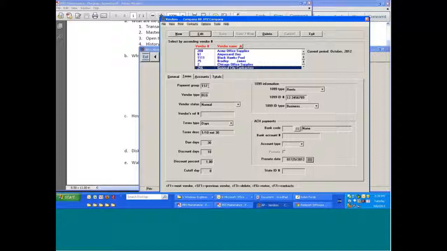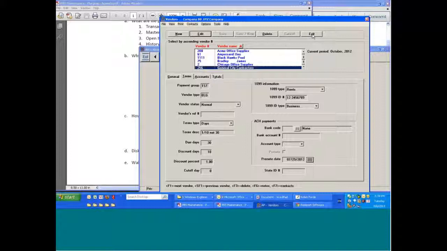Well, in the state they operate in, there are special rules that say you have to pay your liquor vendors by X number of days or by X on a particular day of the month. Well, they put all of their liquor vendors in a payment group so that they can select the liquor vendors and make sure that those checks go out by the 8th of the month or whatever it is. This allows them to control when they're paying their vendors.